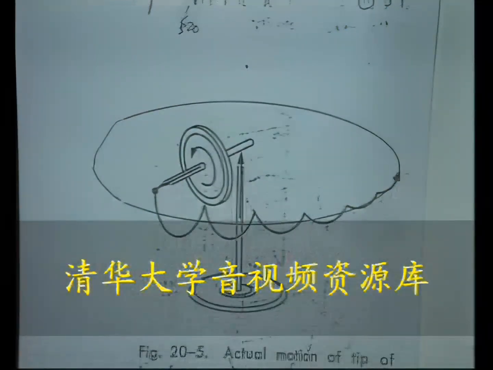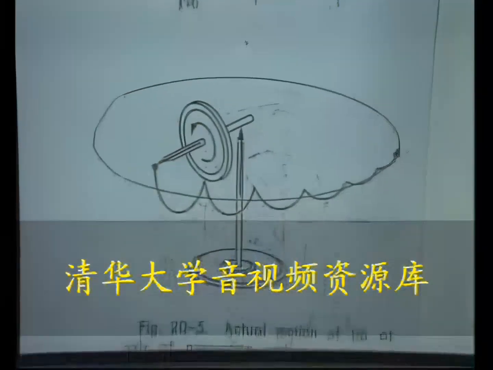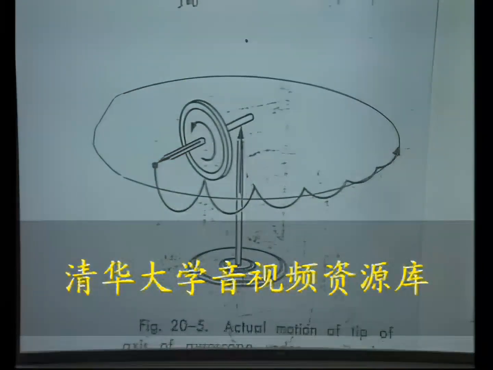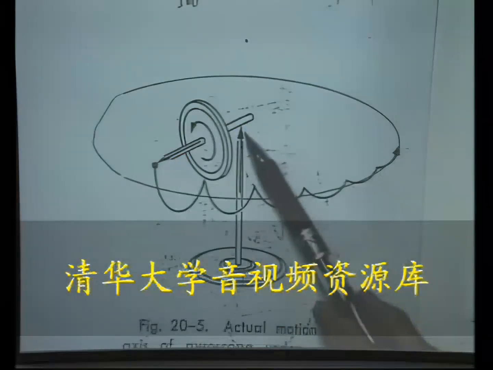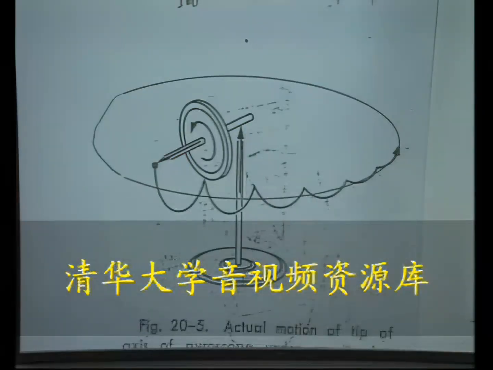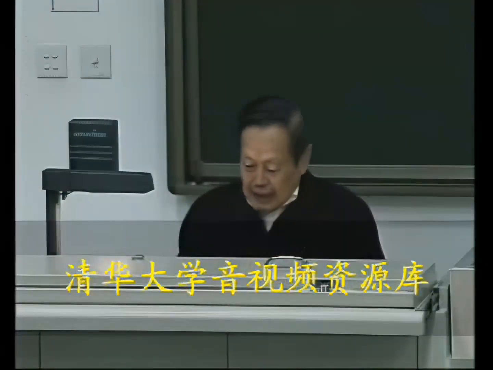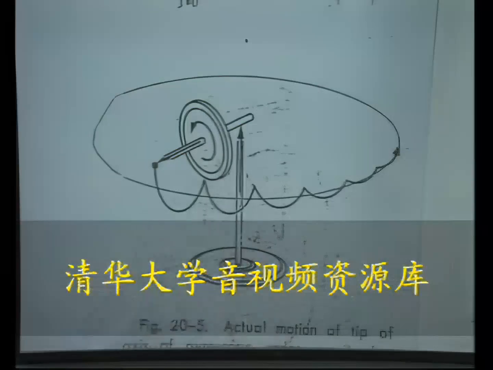It's a gyroscope. I'm sure many of you have played with a gyroscope. A gyroscope is a heavy wheel, and you make it rotate very fast, and then you put one end of it on top of a tip. And the strange thing is that this thing, if it rotates fast enough, it would not fall.